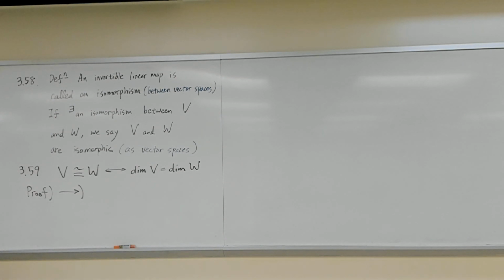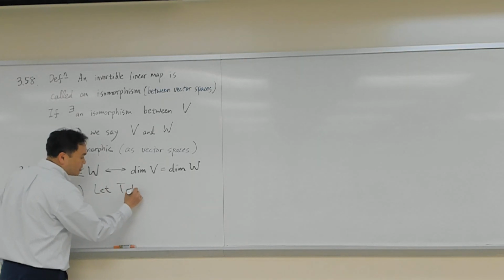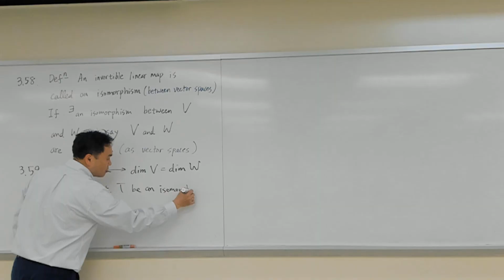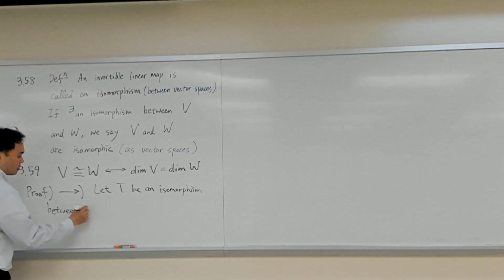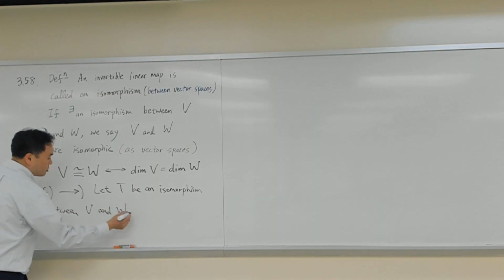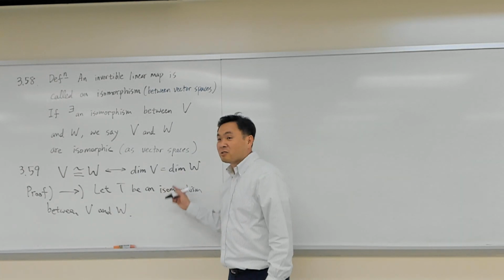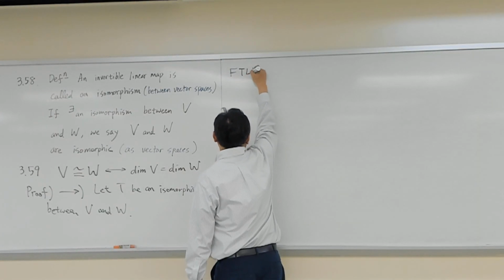Okay, for the proof going this way, we are going to assume that V and W are isomorphic, which means there exists an isomorphism between V and W. So let T be an isomorphism between V and W. And since it's talking about dimensions, we can use that fundamental theorem of linear maps, right?